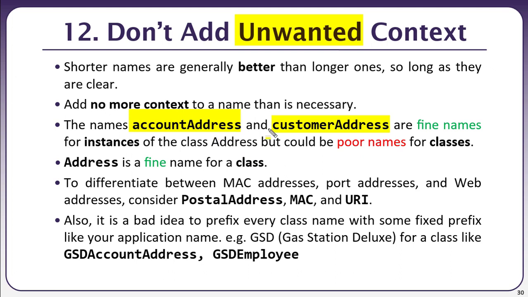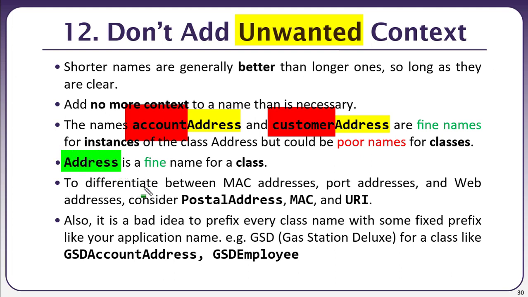But if these are the names of my classes, then I'm adding extra context to the name. This account and this customer are giving extra context to my address. So address itself is a fine name for a class.